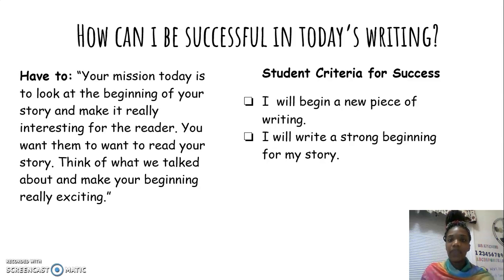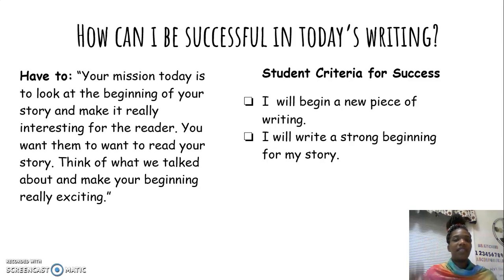How can I be successful in today's writing? Your mission today is to look at the beginning of your story and make it really interesting for the reader. You want them to want to read your story. Think of what we talked about and make your beginning really exciting. Three sentences, okay?